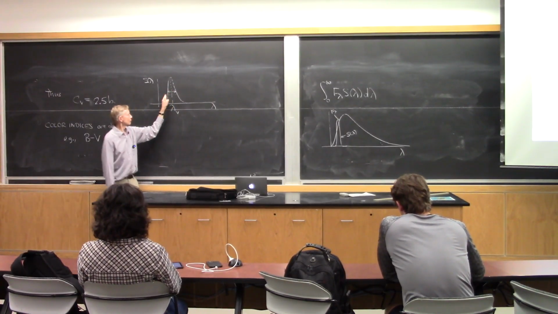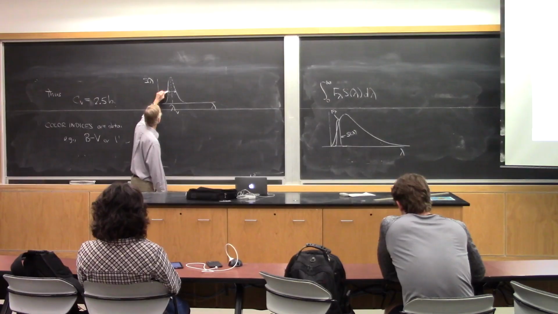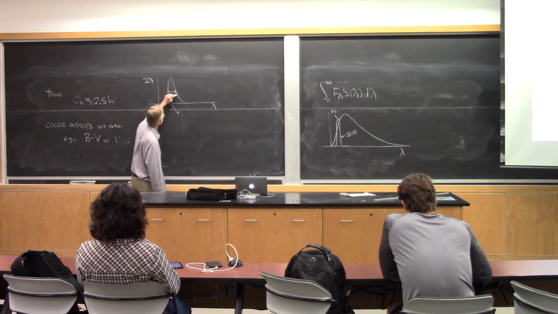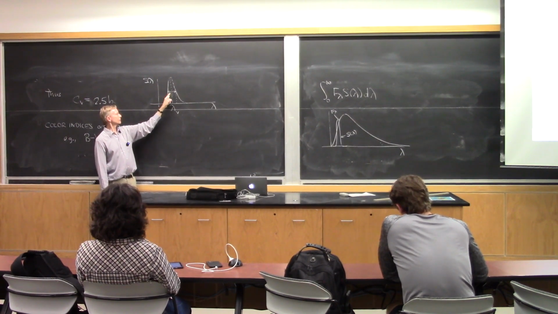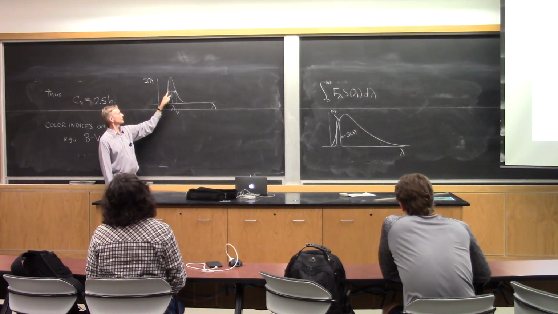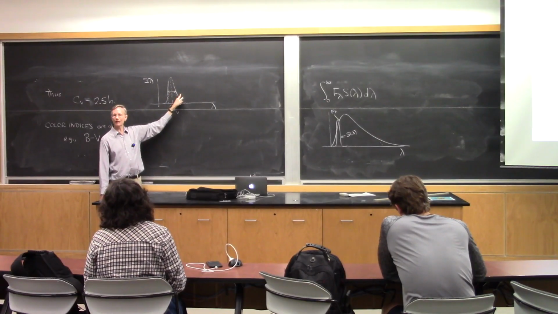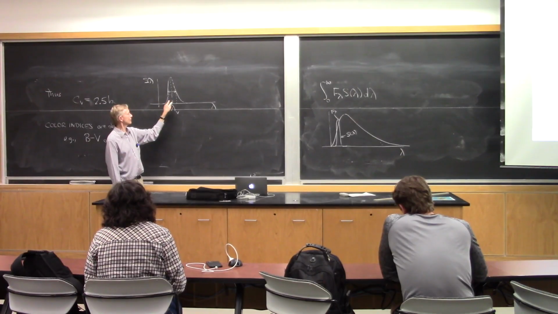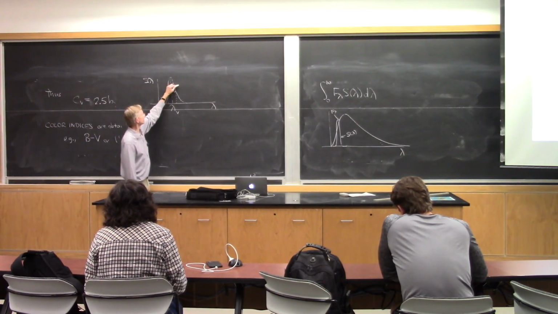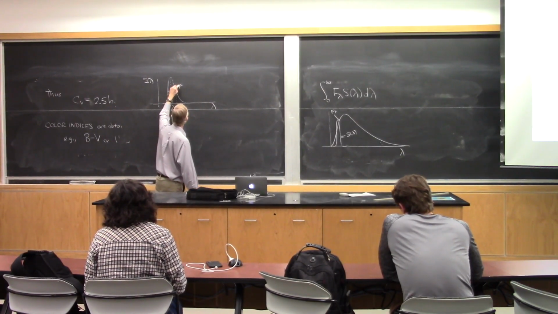In other words, what's the range in wavelengths over which you go from the central wavelength to where the transmission falls to half of its maximum value. The difference between those two wavelengths is the FWHM, the full width at half maximum.